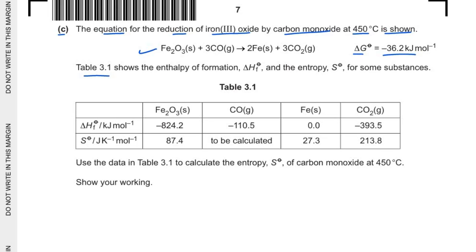The table 3.1 shows the enthalpy of formation and entropy for some substances given in the equation. Use the data in table 3.1 to calculate the entropy of carbon monoxide at 450 degrees Celsius. So here we are supposed to calculate the entropy of carbon monoxide, which is missing here. The other values are given.